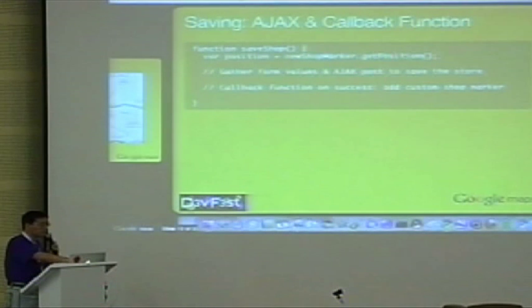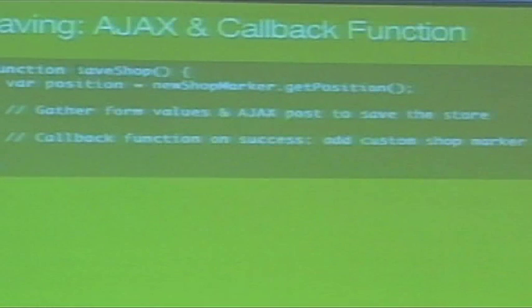So basically, what's happening behind the scene? There are two steps. Here, I have some comments to indicate what we're doing. This function called save shop: what we need to do is first get the position of that point, along with the name of the shop and whatever other data or parameters we are capturing.